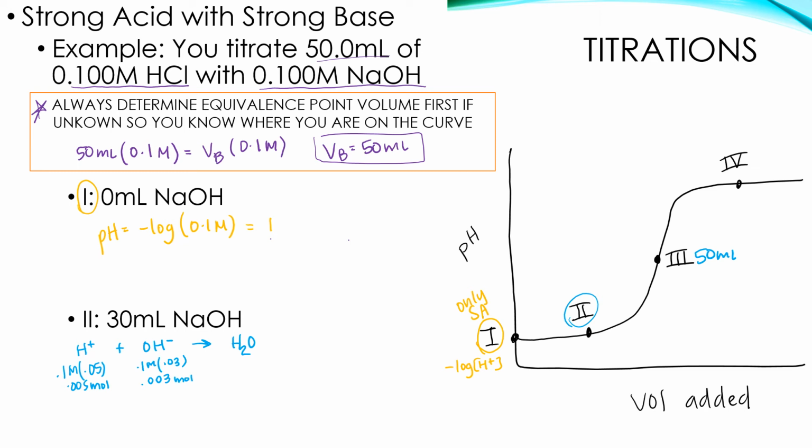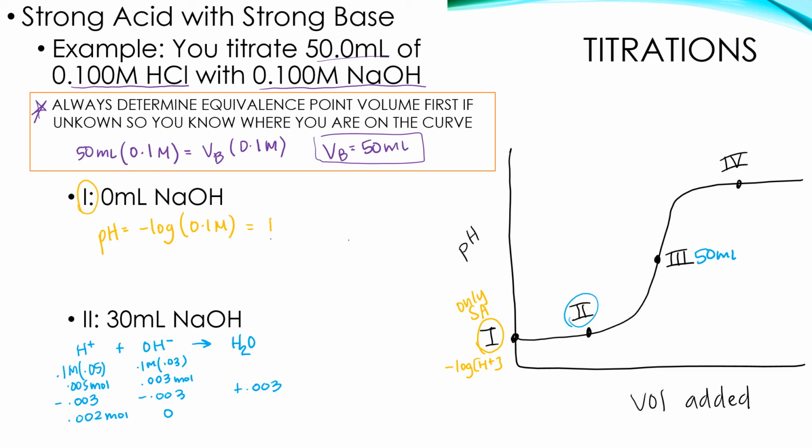Now, as expected, my hydroxide is in the limiting amount because I am prior to my equivalence point. So I'm going to subtract 0.003. Now, I can put plus 0.003 over here, but water is not going to have anything to do with my calculation. So that leaves me with 0.002 moles and 0 hydroxide, which is what I expected because I'm in region 2.